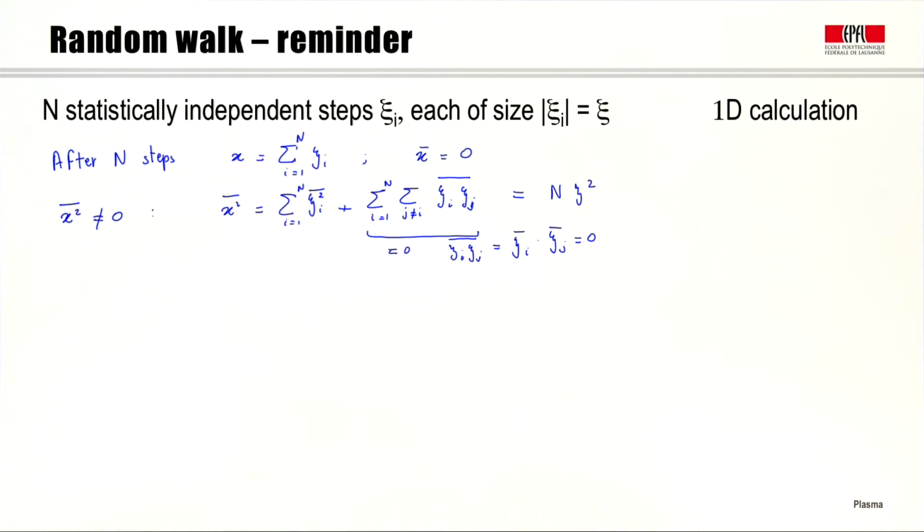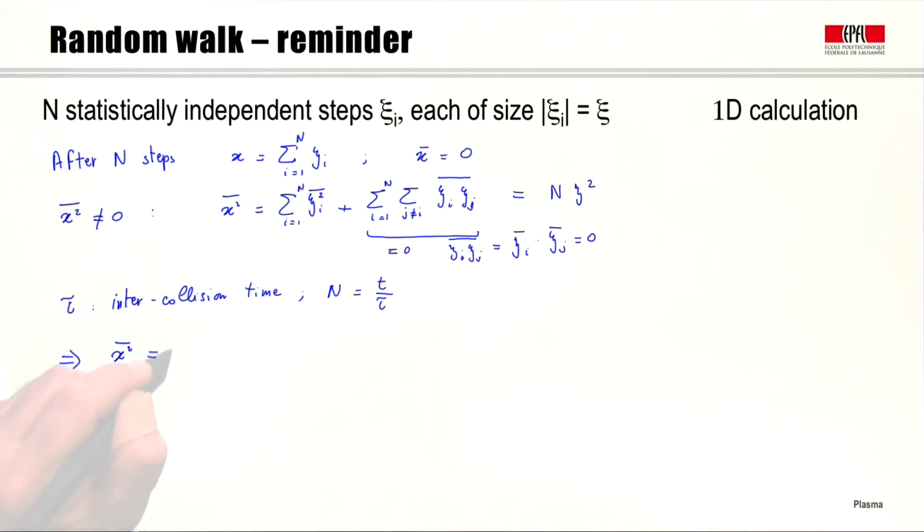If we define the intercollision time as tau, that means that the number of steps N is equal to the total time divided by tau. We can evaluate the mean square displacement as follows.